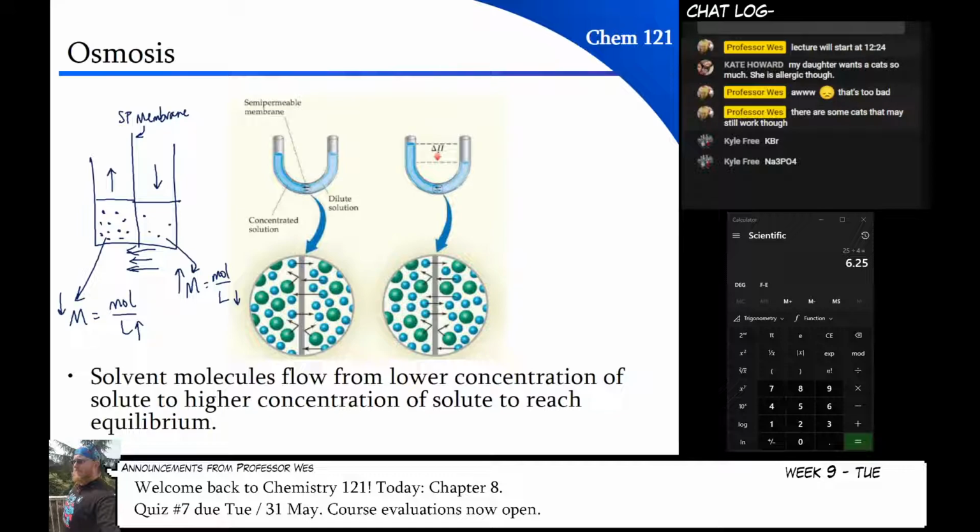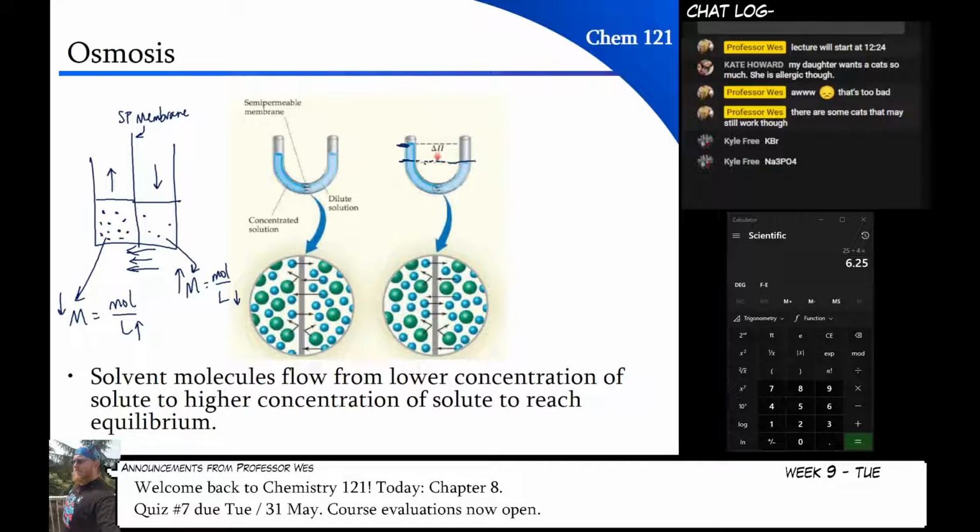And you actually create a little column of water when you do this. The water will push itself against gravity, if it needs to, or against other forces, to mix the solution thoroughly. Now, if the concentration difference is too big, water can't push or support itself that much.